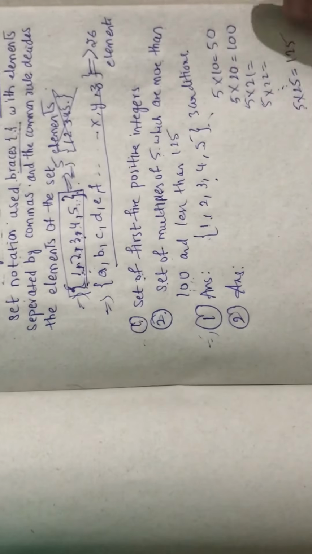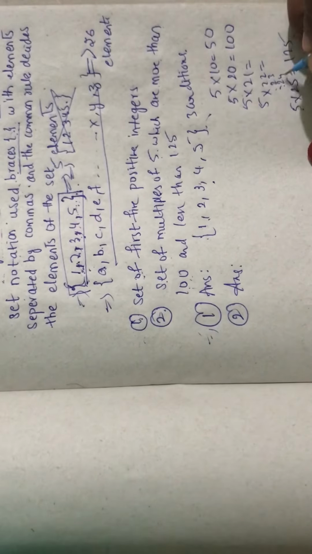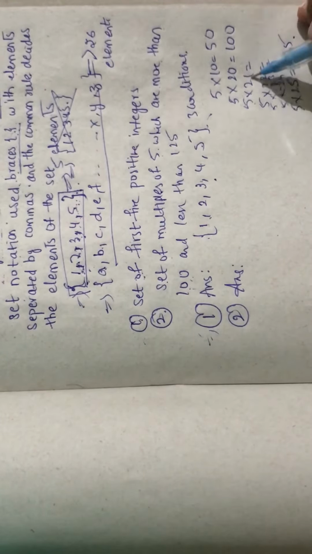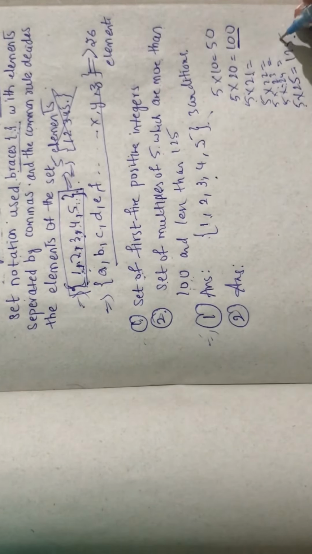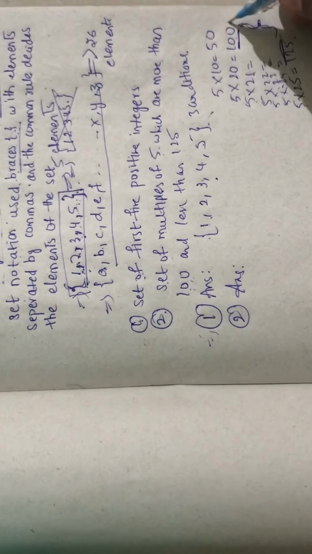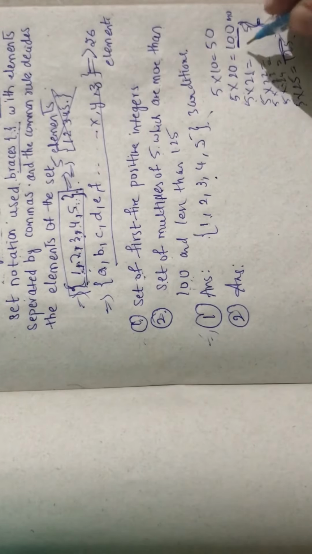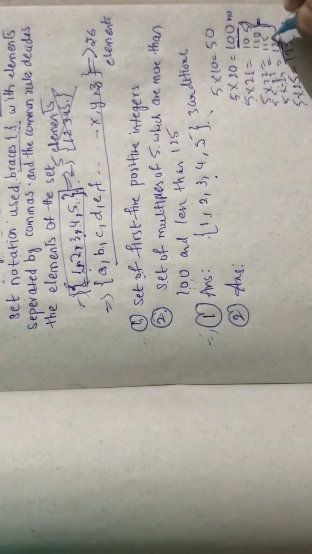So more than 100 and less than 125 means these should be considered into the set: 105, 110, 115, 120.